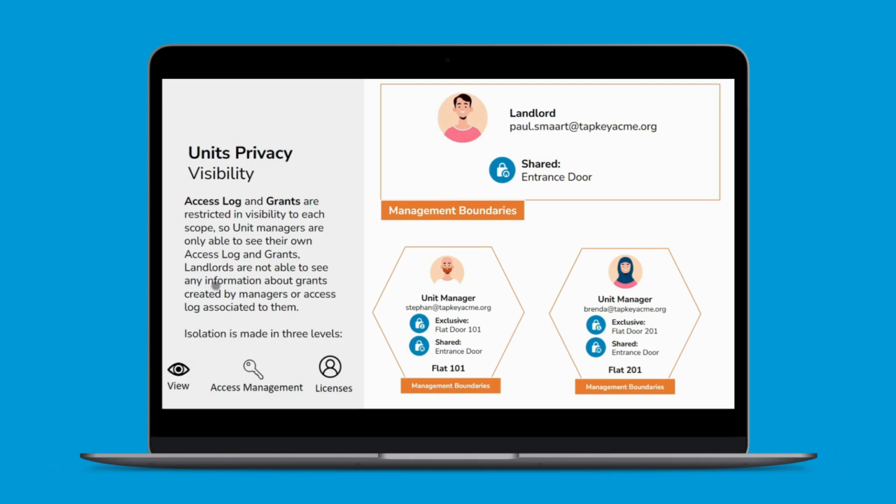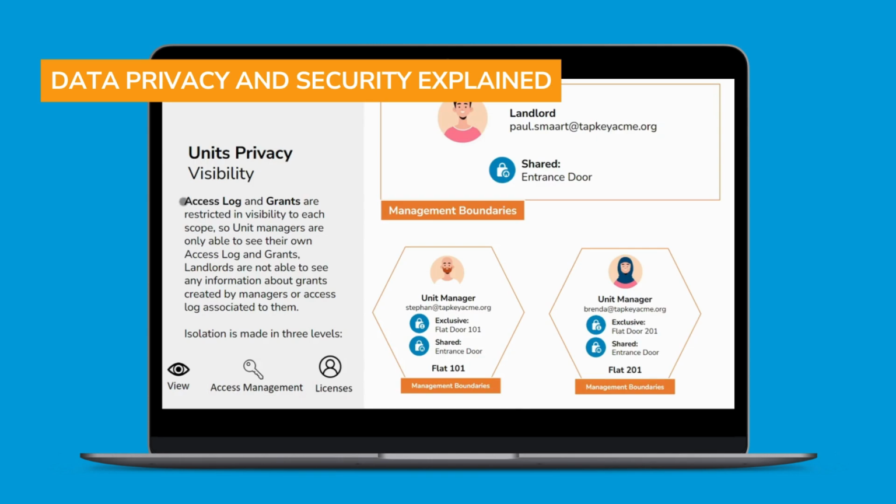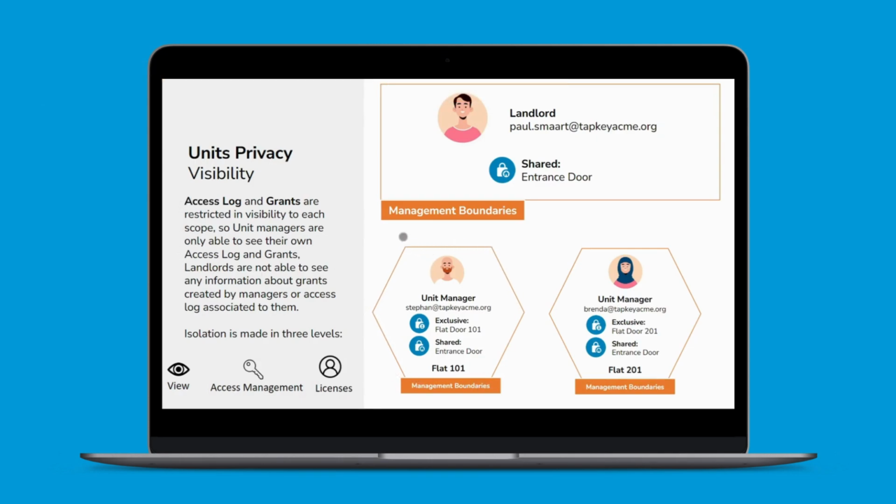and this is where we get deeper into it. Units have specific boundaries, and the boundaries are that Boltzmarkt can only manage his own permissions, and he can only visualize his own management, even if we are talking about a shared area, in this case the entrance door.